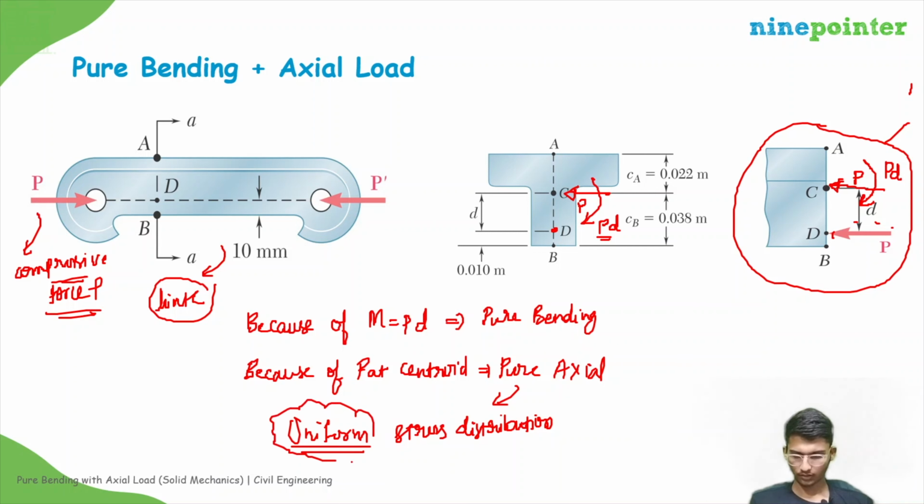This is important because if it is not uniform, then it is statically indeterminate. We can't find it using the general equilibrium equations.